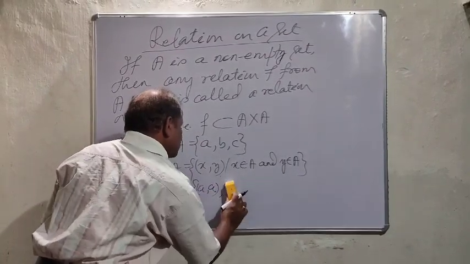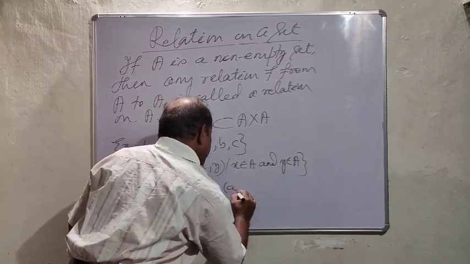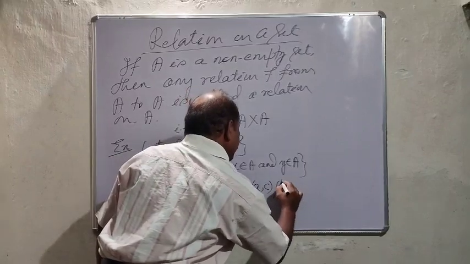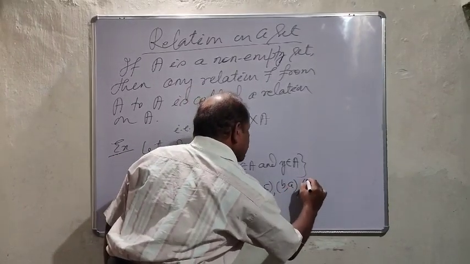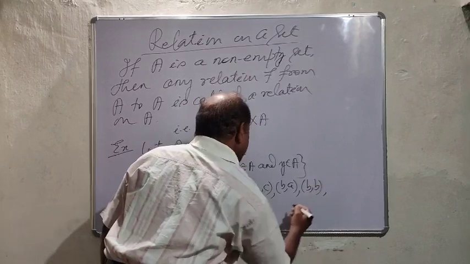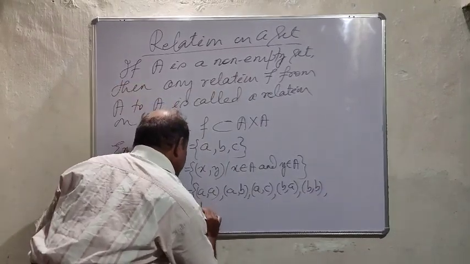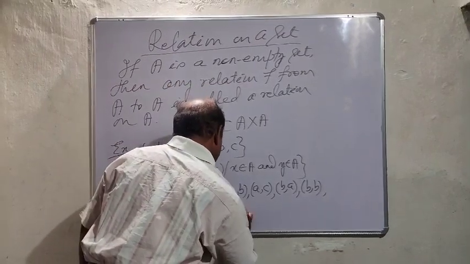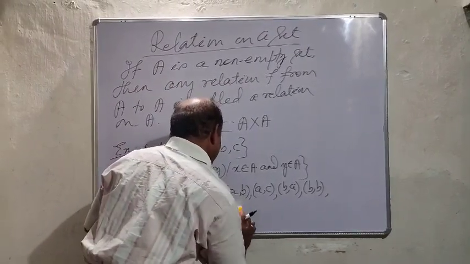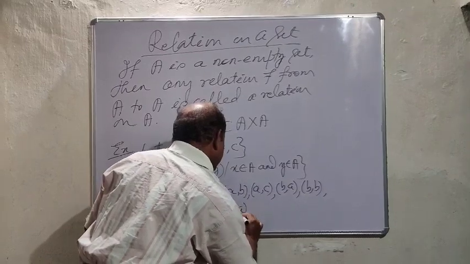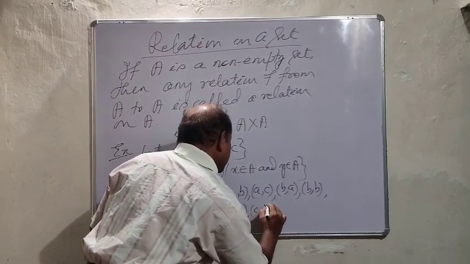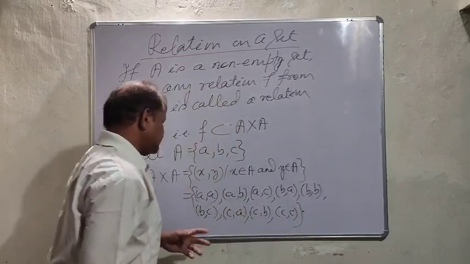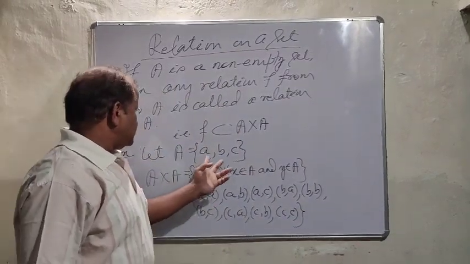It will be (a,a), (a,b), (a,c), (b,a), (b,b), (b,c), right? Then (c,a), (c,b), (c,c). See, A has three elements.